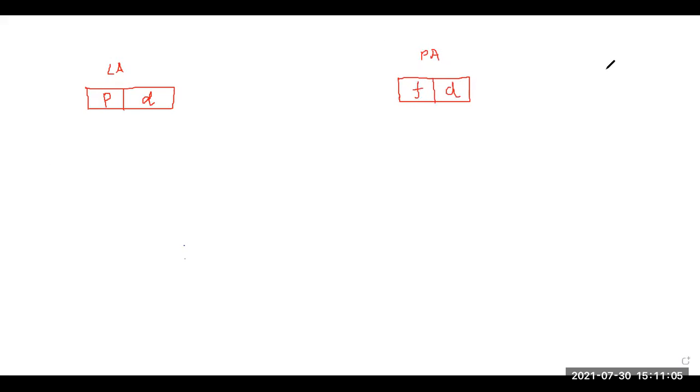Now what is given in the question? The logical address is given, using 33 bits for address representation. Your physical address is given, which is using 24 bits.